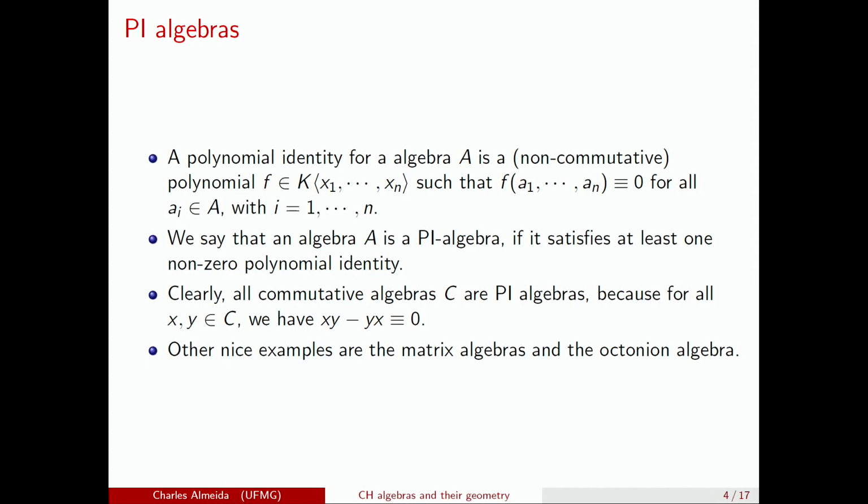So, if we happen to find a polynomial that kills all the elements of my algebra, I call this a PI algebra, a polynomial identity algebra.